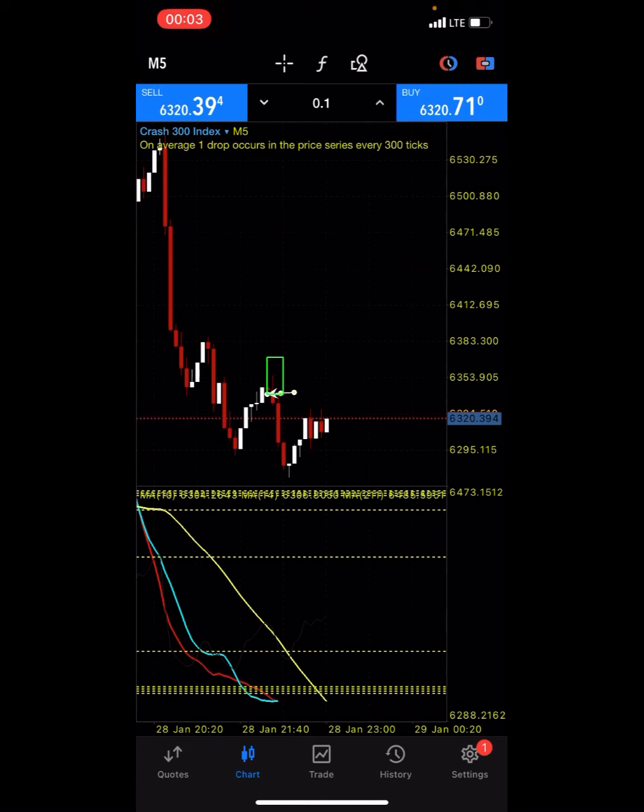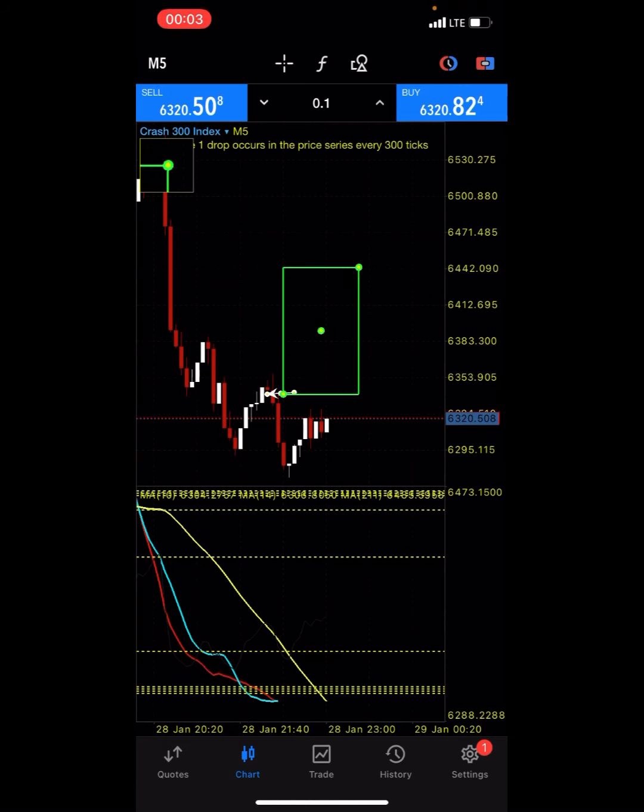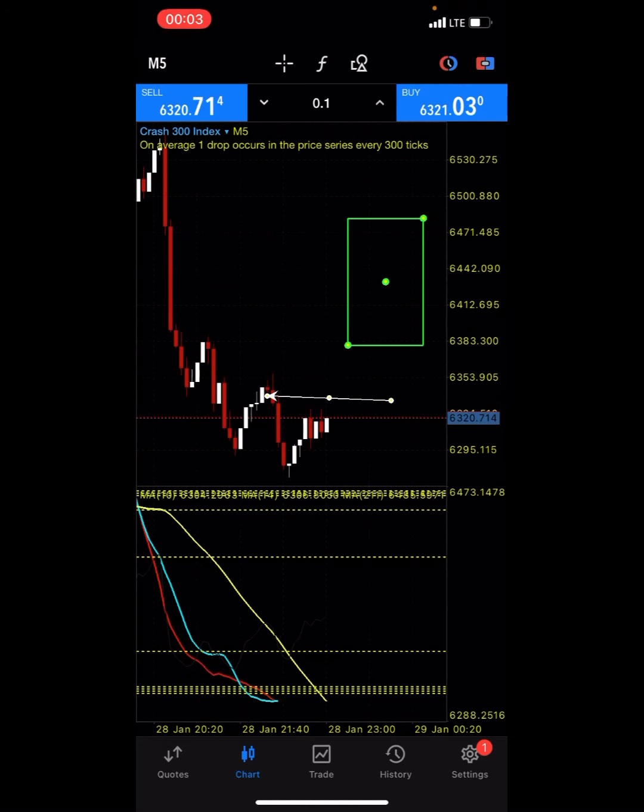So this is where we are right here. If you took your entry around here, your take profit should be here where we had the previous support.